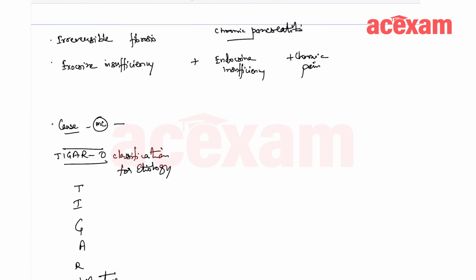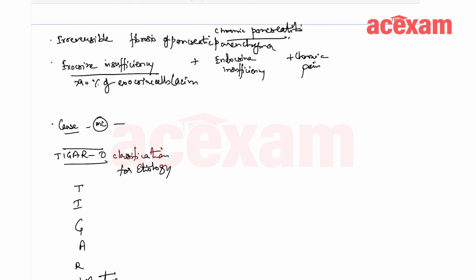Okay, so now this is the imaging which I have shown, showing chronic pancreatitis. And now, what is chronic pancreatitis? In chronic pancreatitis, there is irreversible fibrosis of the pancreatic parenchyma. So there is irreversible damage of the pancreatic parenchyma.